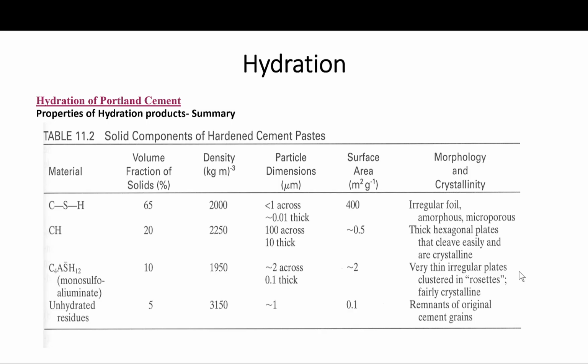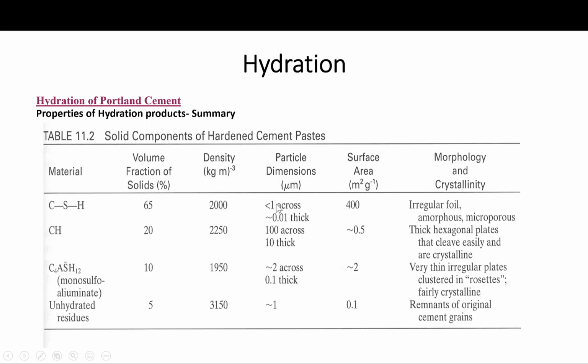Okay, this table here summarizes the hydration products and their properties, and as you can see, it covers what I have talked about, but it is a good table to summarize everything. We have the calcium silicate hydrate, the volume fraction of the solid in the hydrated paste, about 65% on average. Its density, 2000 kilograms per cubic meter.